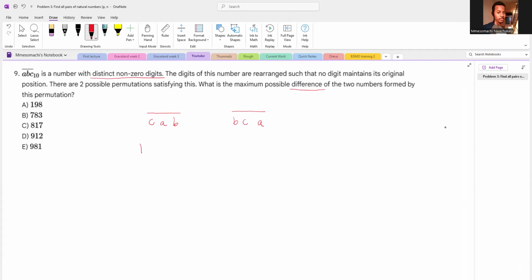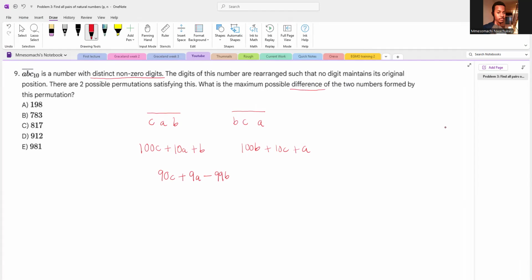CAB is basically 100C plus 10A plus B, and BCA is 100B plus 10C plus A. If you find the difference, 100C minus 10C would be 90C. 10A minus A would be plus 9A. And then B minus 100B is going to be minus 99B.